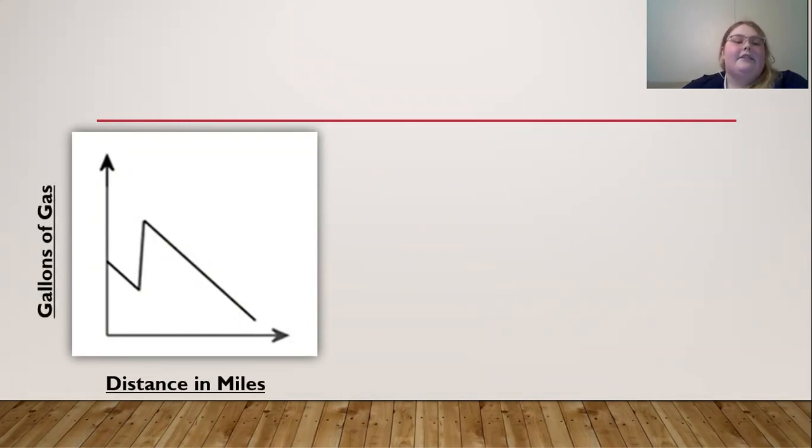It starts out kind of halfway full, and then as your distance on the x-axis rises, the gallons go down. So it's a very jagged kind of graph, and it's pretty self-explanatory: the farther you go in distance, the fewer gallons of gas you would have.